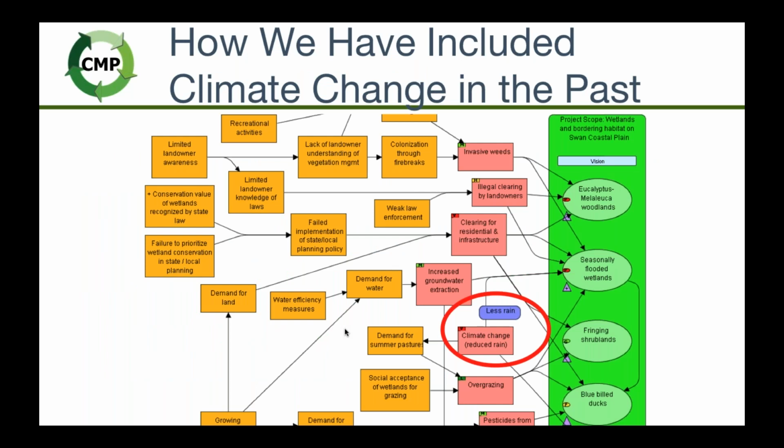So let me back up, and just show. I went into an old guidance piece that FOS produced on conceptual models many years ago to just pull out an example of how we in the past have dealt with climate change.